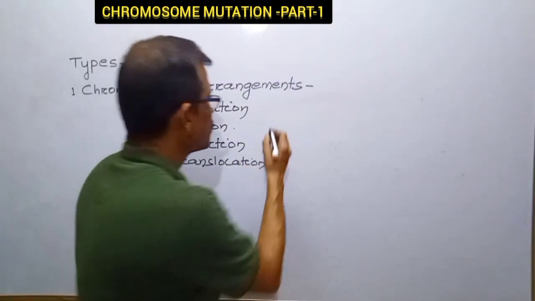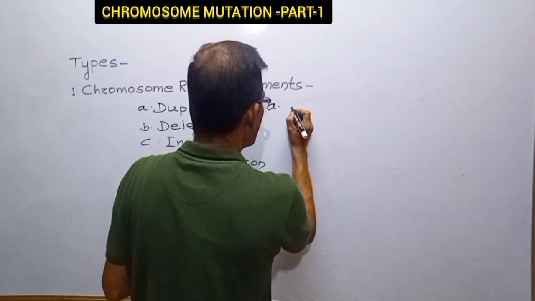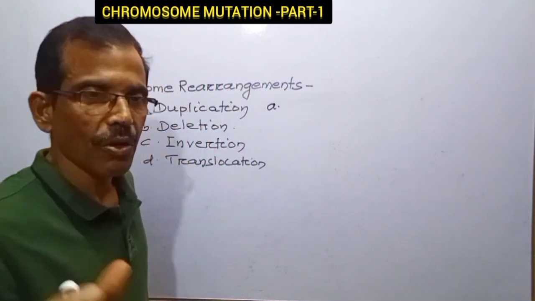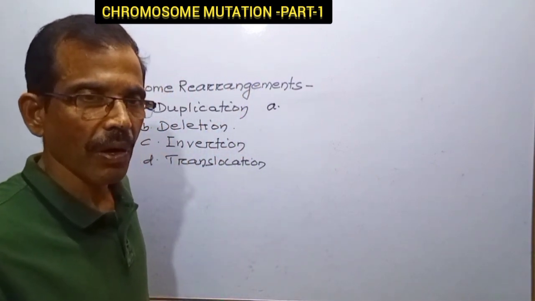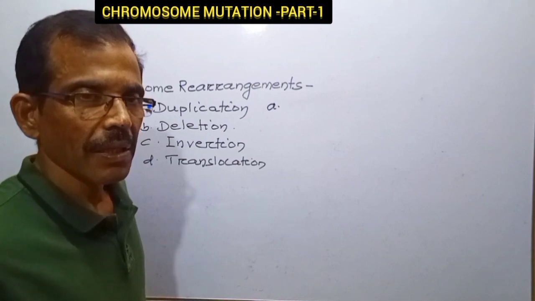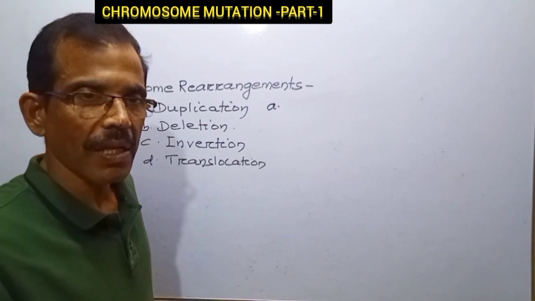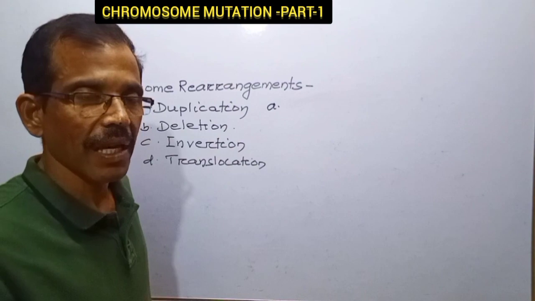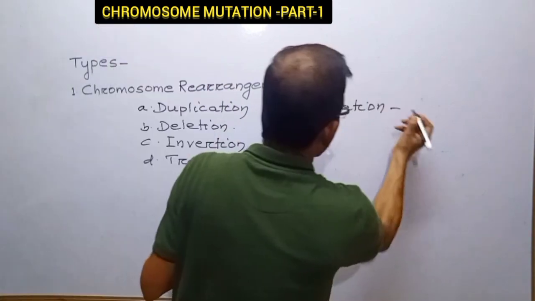First one is duplication, in which a part of the chromosome has been doubled or duplicated. That means a particular segment is present as two copies.